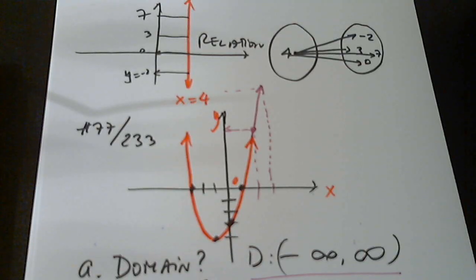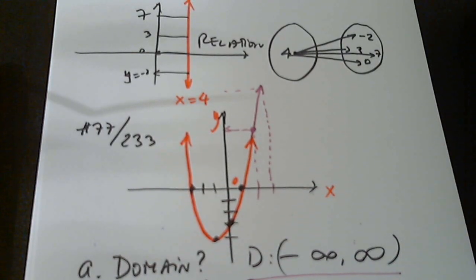Can anyone identify the range for 77? -4 to infinity? Excellent. The range indeed.